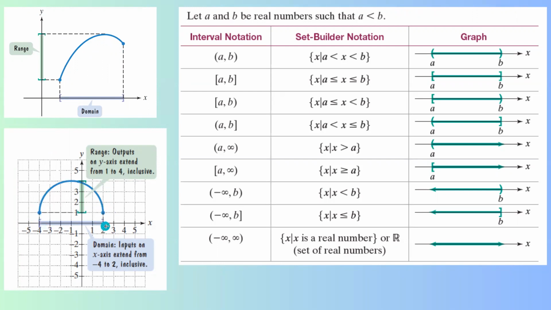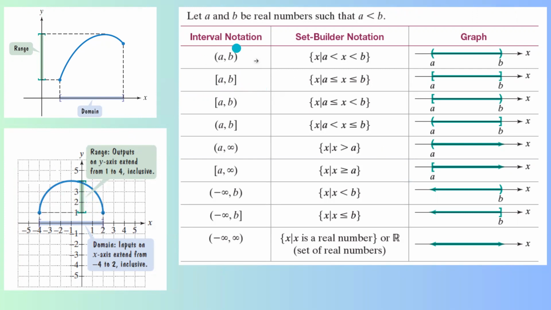The domain includes numbers from -4 to 2, and all of these numbers are included. We cannot count them, we cannot list them. So instead, we have to use interval notation. The range is the positive y values between 1 and 4. We cannot list or separate these numbers. There is no gap here.